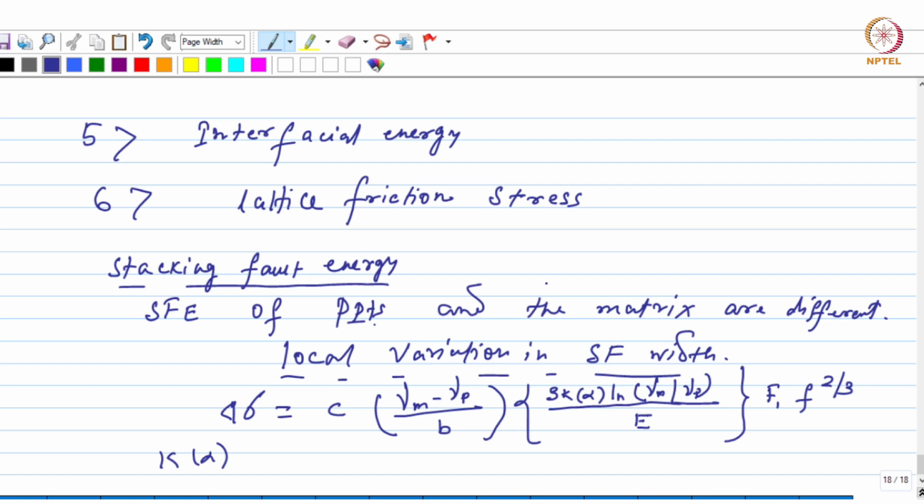And the stacking fault energy also depends on the width or the distance between these two partials, right? So this K alpha term is the product of the force separating the two partial dislocations and the distance between them.